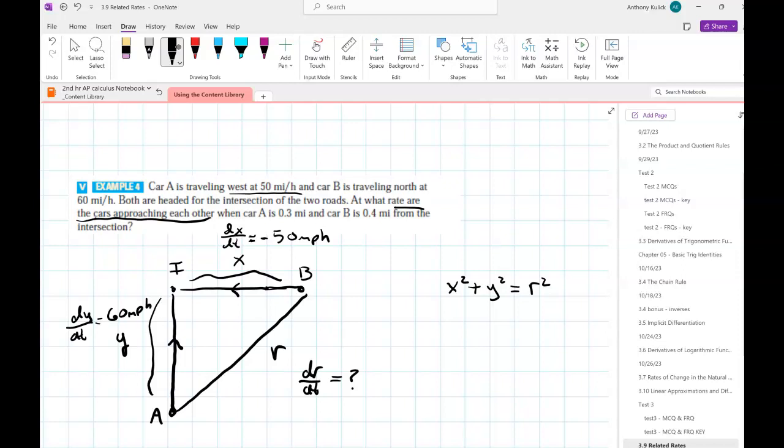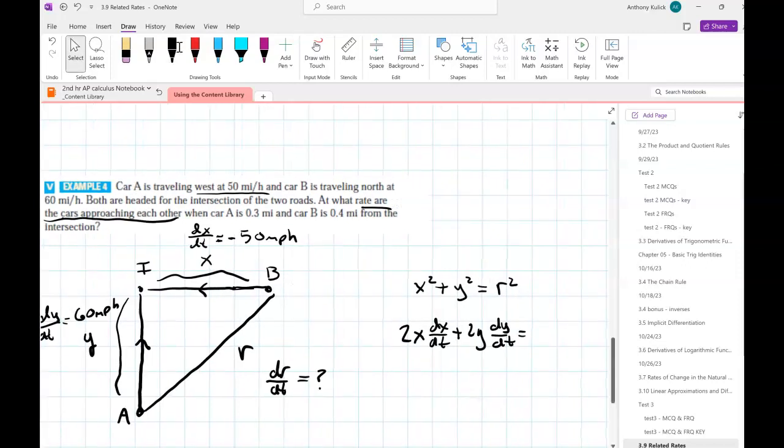Yes. Wait. No. What are we missing still? We're missing r. Can we get it though? Yes. Pretty easy, right? Just the Pythagorean theorem. So let's do our derivative. 2x dx/dt plus 2y dy/dt equals 2r dr/dt.